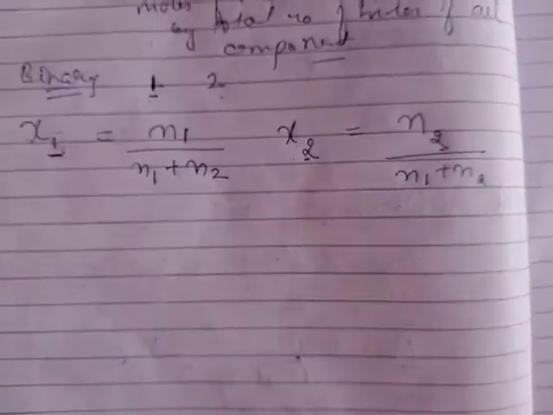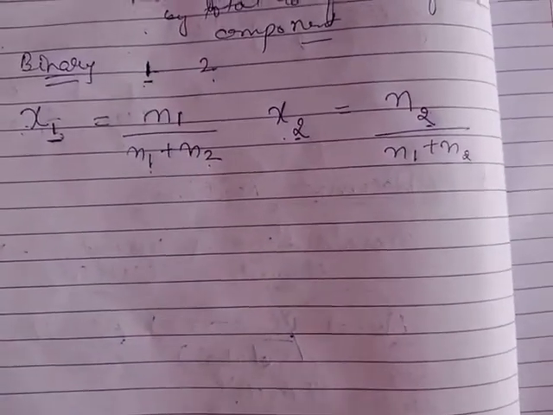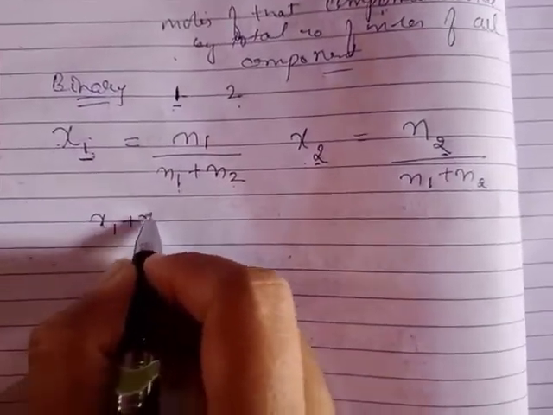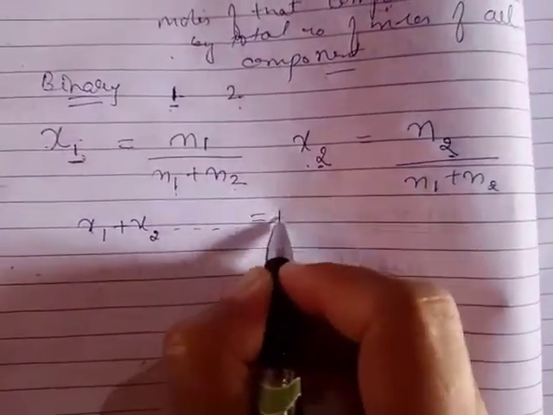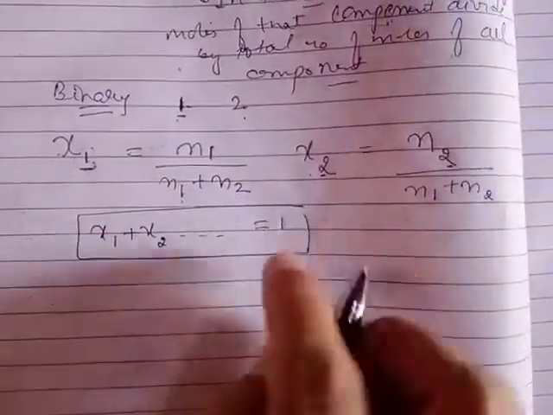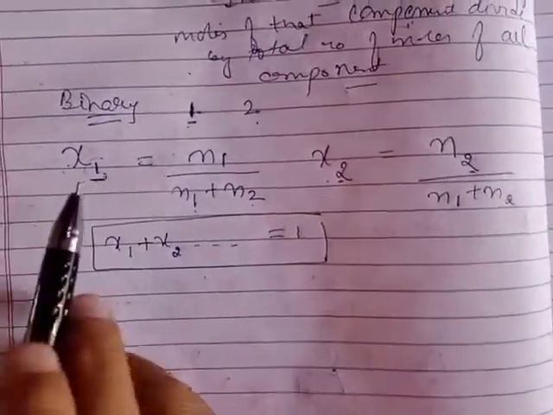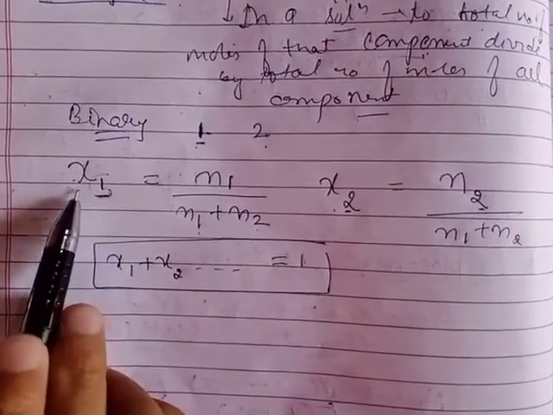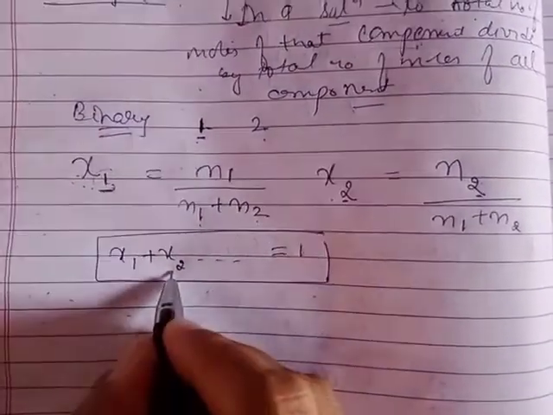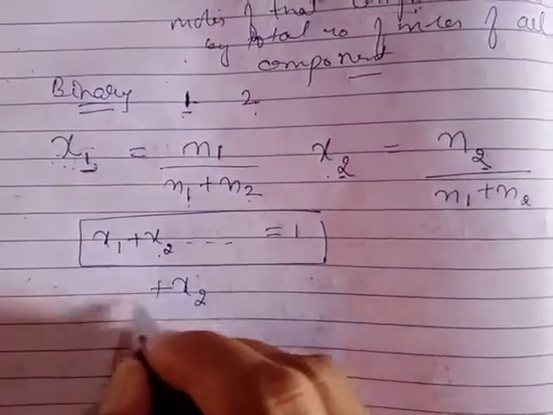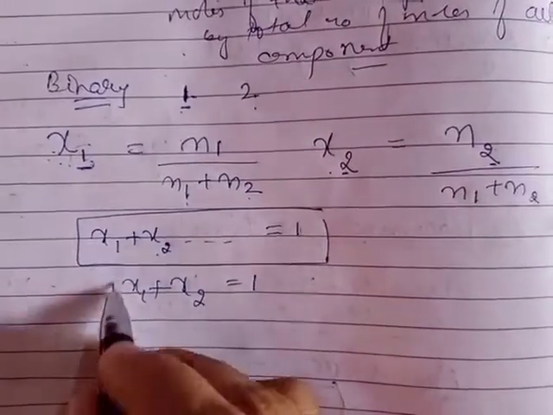If we have a large number of components, suppose 2, 3, 4 or any number, the sum of the mole fractions of the components is always equal to unity, that is, always equal to 1. Or in short, if we have two components x1 and x2, then x1 plus x2 becomes equal to 1.